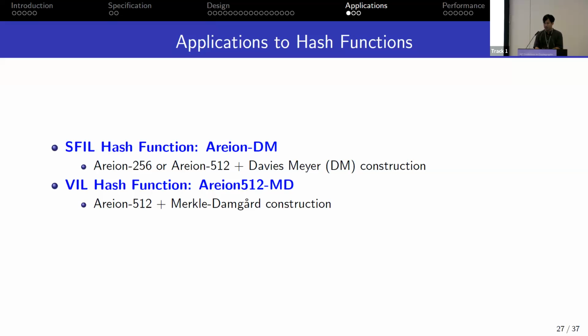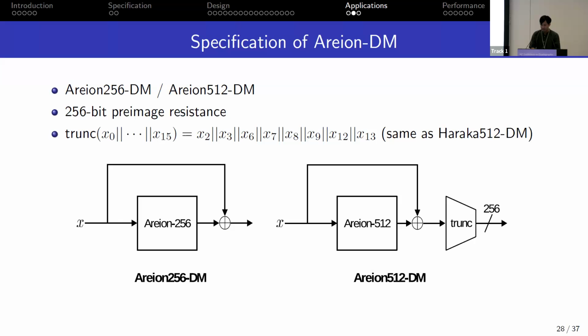Next, we consider the hash function applications of Arayon, and as I described at the beginning of this presentation, we constructed 2 types of hash functions. One is Arayon DM, and the other is Arayon 512 MD. This is the specification of Arayon DM.